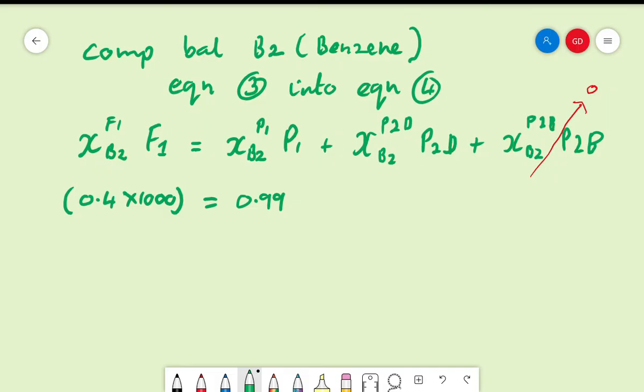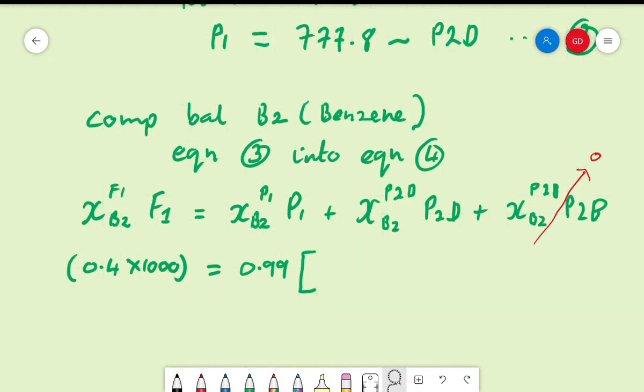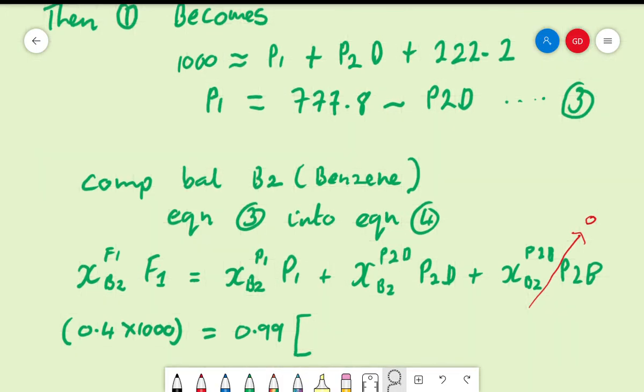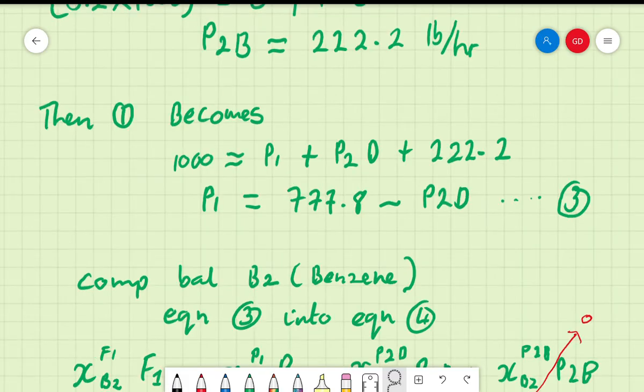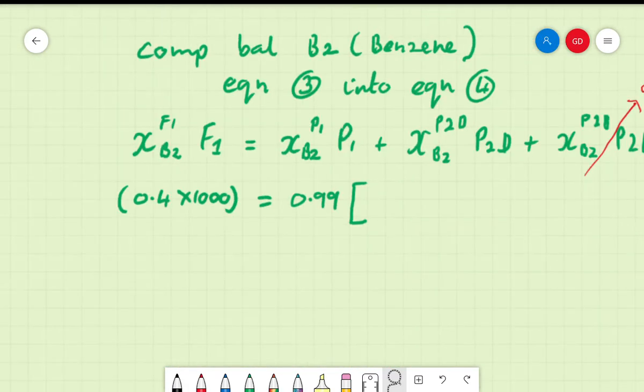Now we said 3 into 4. So here we're going to use this equation now to substitute. This equation 3 comes into this equation. So that's the equation that we're going to use.